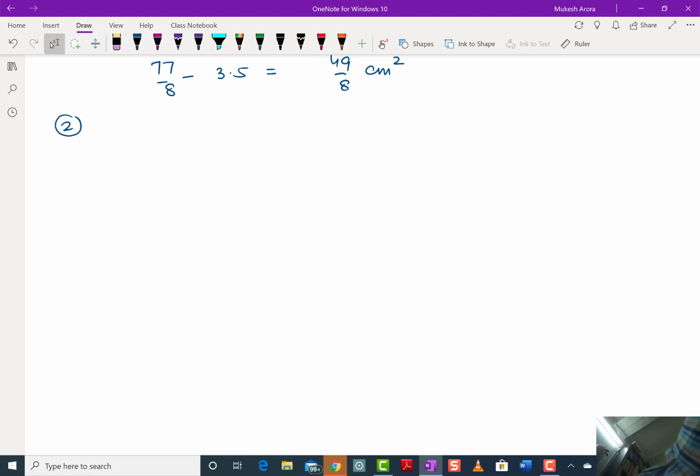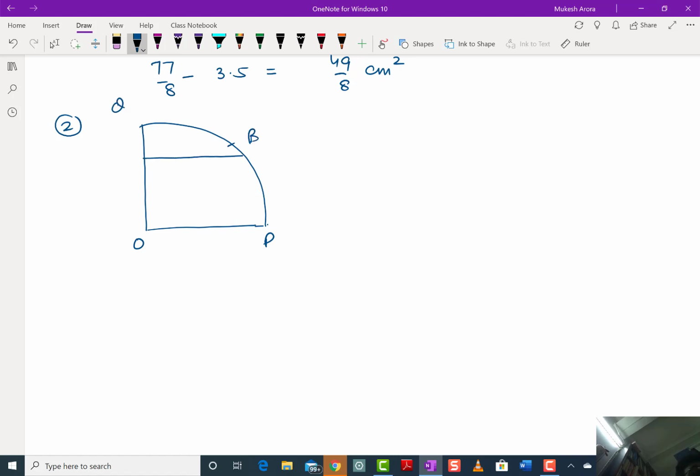Question 2 is, in the given figure, OPBQ is a quadrant and ABCQ is a square. Find the area of the shaded region.